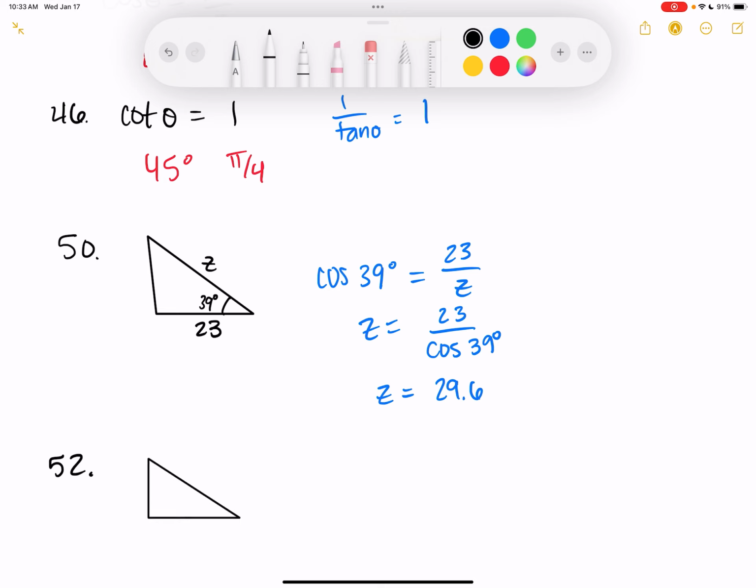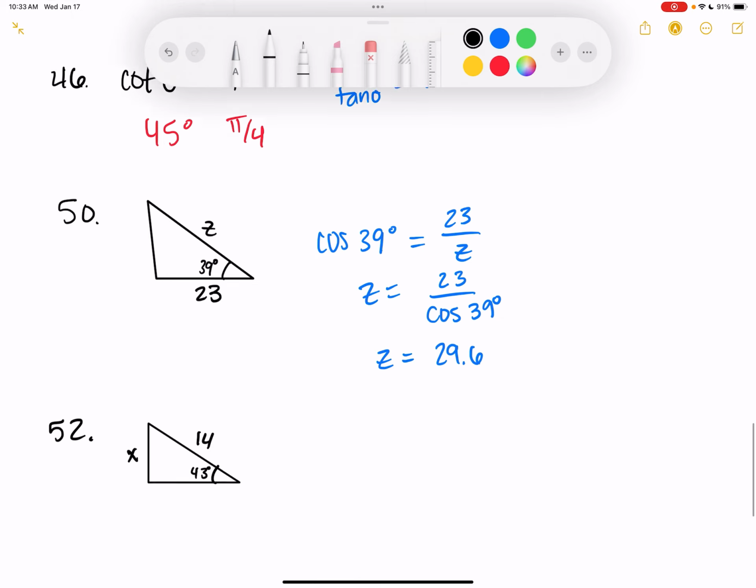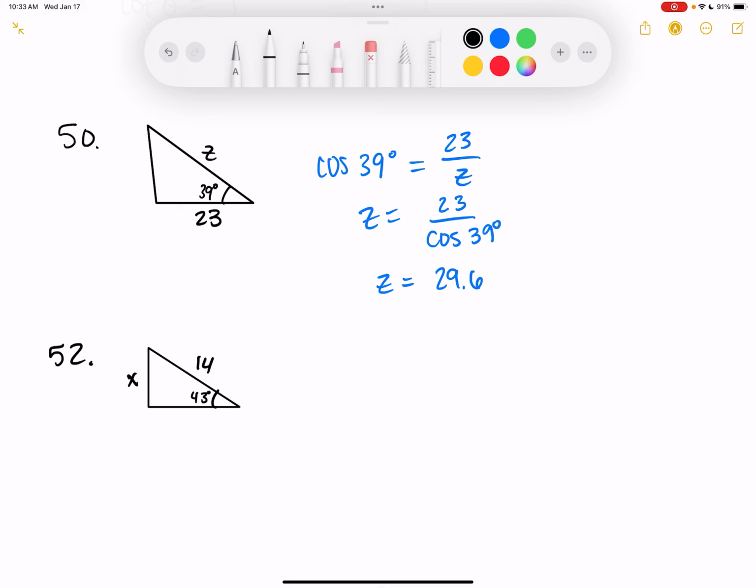This angle down here is 43 degrees. This side is x and this side is 14. Which one should I use for this one?